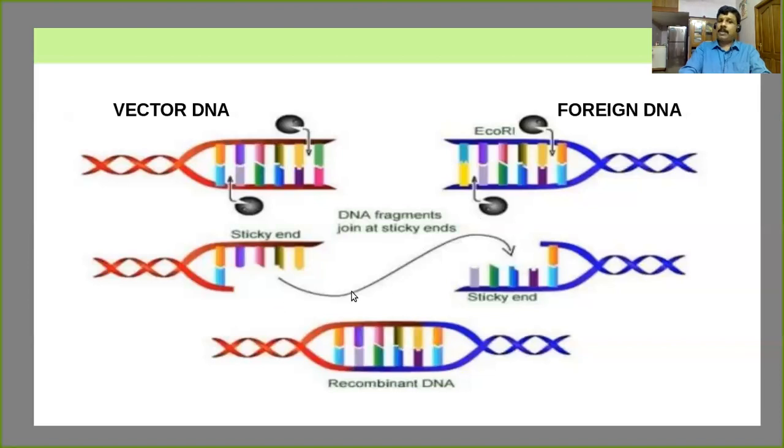These two sticky ends are complementary, which makes them suitable for ligation. At the end, we ligate these two DNA molecules using an enzyme called DNA ligase. Is it clear? This is a recombinant DNA, the combination of two DNAs: the vector DNA and the foreign DNA.